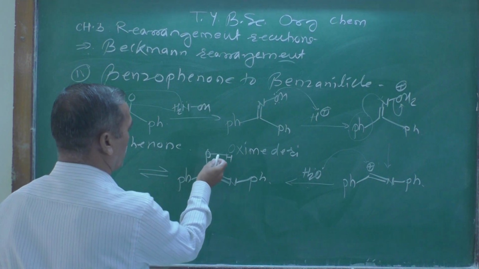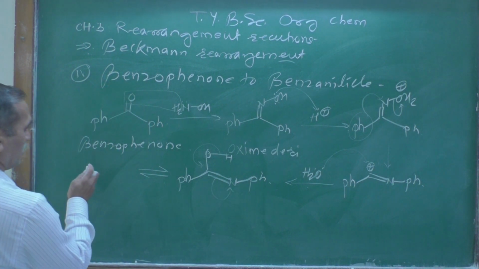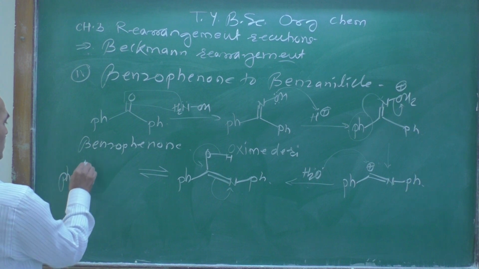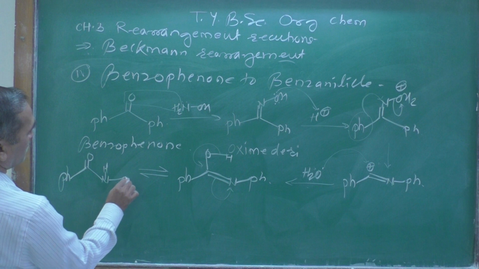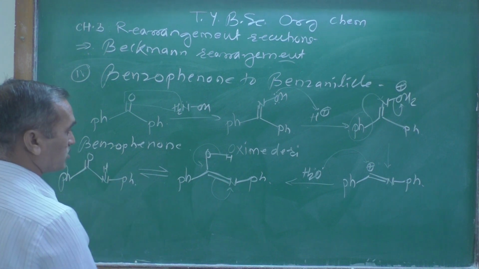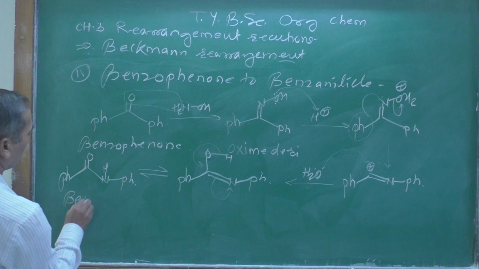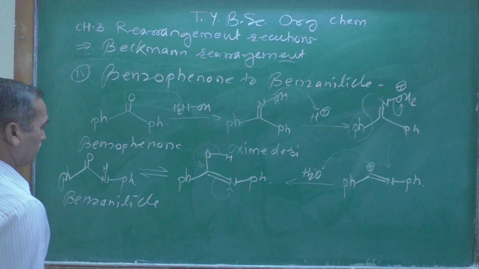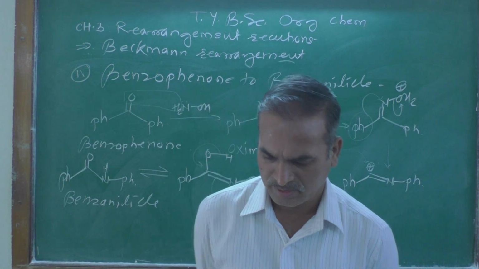This is an enol form, and now we are going to get the keto form like this: C double bond O, then NH, and this pH. This is known as benzanilide. So in this way we can prepare this compound.